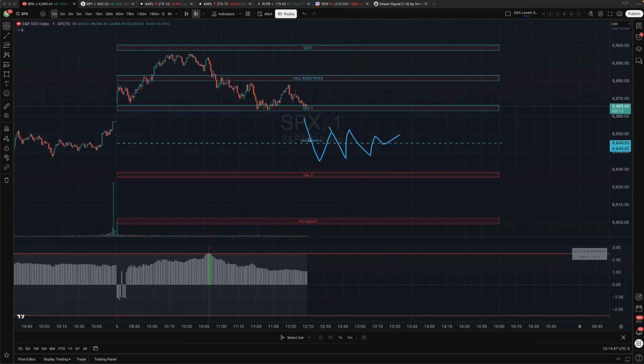It will act as support and resistance on top or bottom, but we tend to get into some pretty violent swings in that area. So if I'm playing snipers, I tend to try and stay out of the way when we're in and around the gamma flip area.